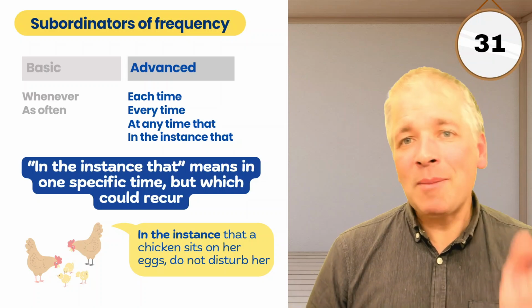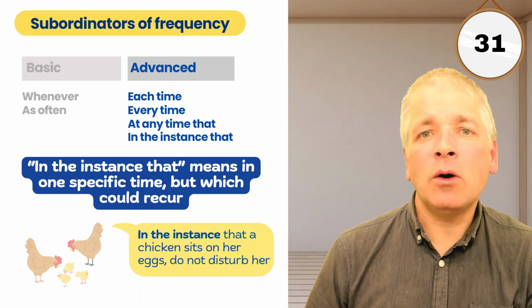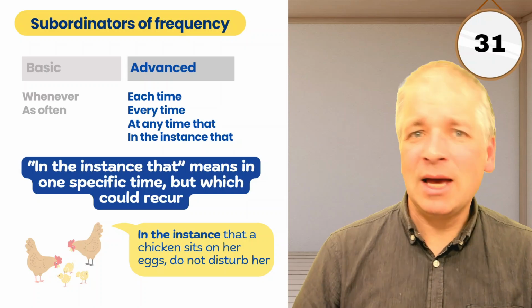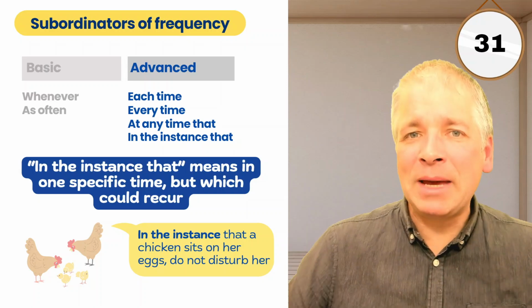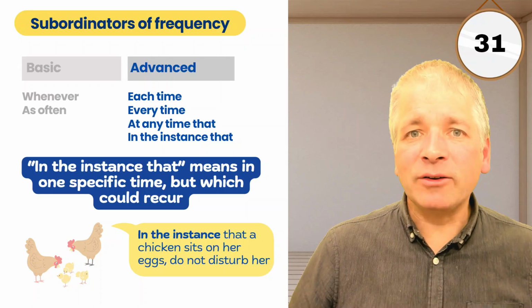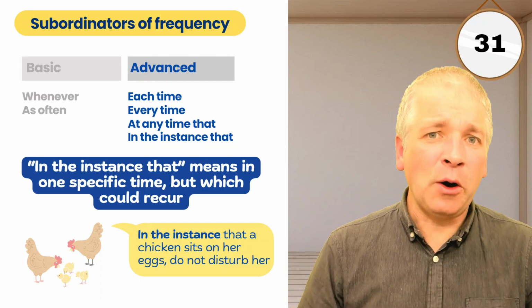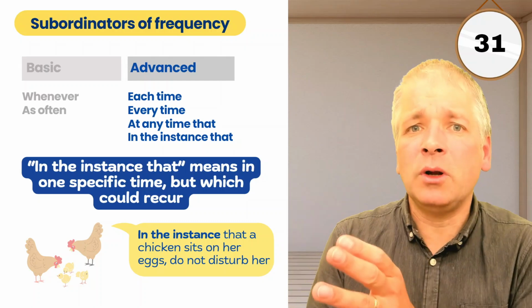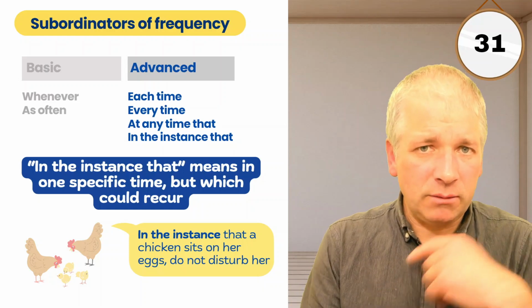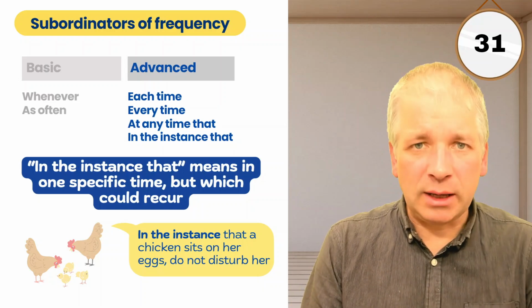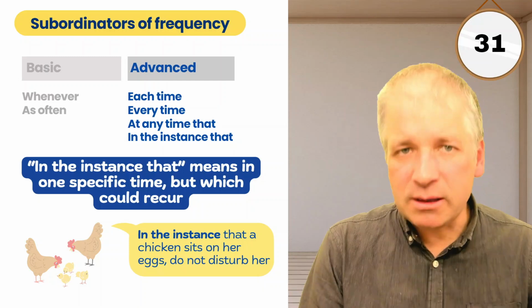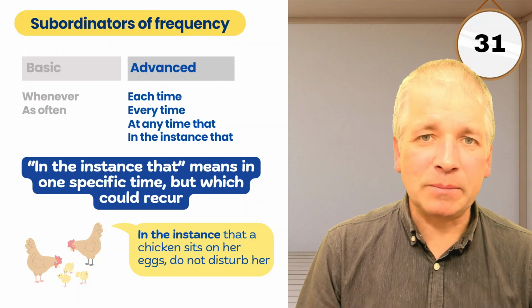But the next time and the next time and the next time, also do not disturb her. It's something we expect to be repeated, and in the instance that focuses on each of these individual occurrences. If you see this, do this, and the same again anytime you see this.